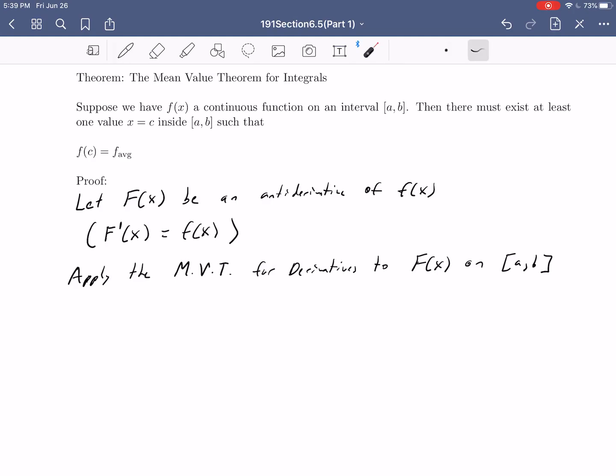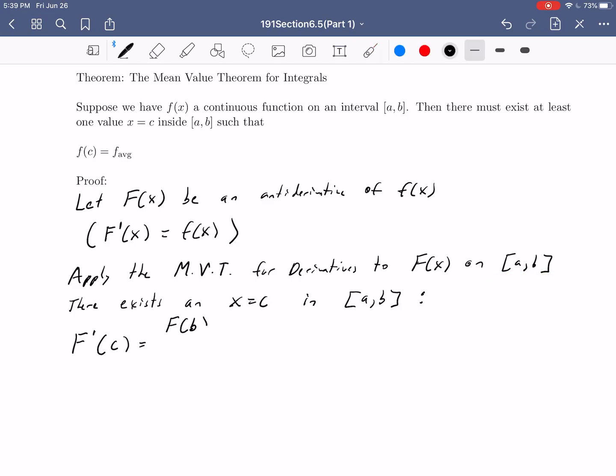So for our setup here, there exists an x equals c in a to b such that capital F prime at c is equal to the average rate of change of this capital F function on this interval. Average rate of change would be F at b minus F at a over b minus a.